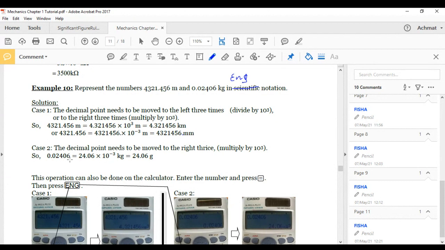If you multiply by 10 to the 3 to get this, then you must also divide by 10 to the 3, so that you have the same value. So these kilograms will be so many grams.